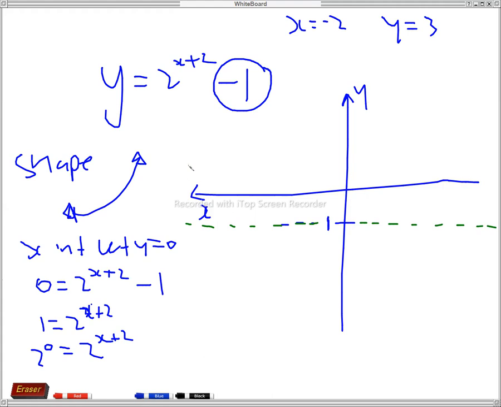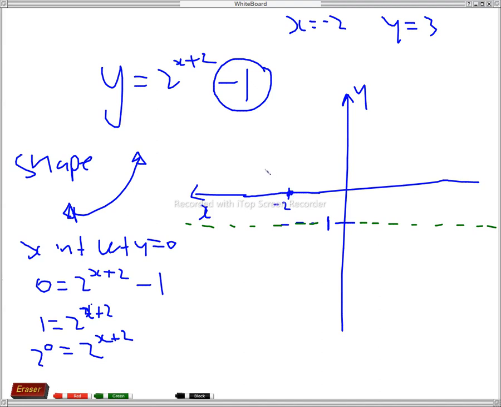And therefore let me plot my 2, here is negative 2.